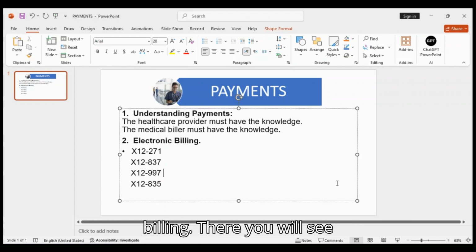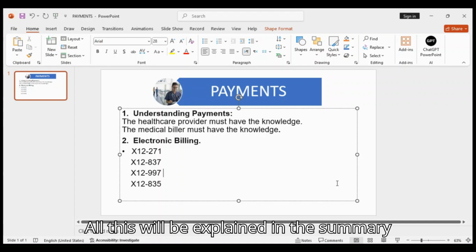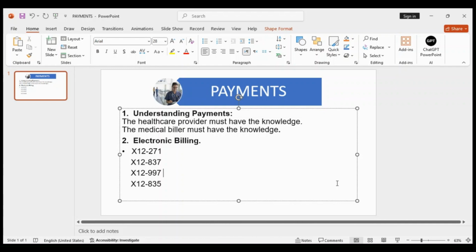There you will see terms like X12-270, X12-837, X12-997, X12-835. All this will be explained in the summary under electronic billing. So let's start with payment.